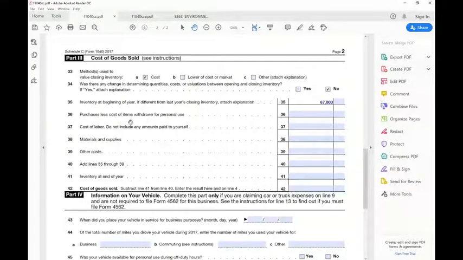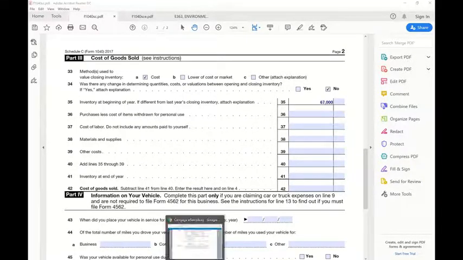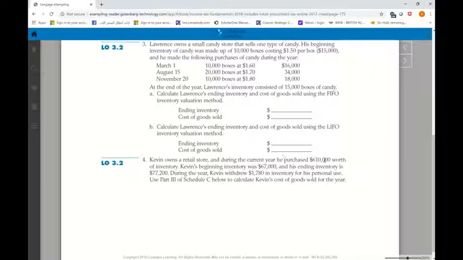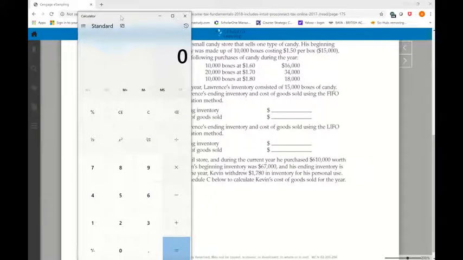So we have purchases less cost of items withdrawn for personal use. The purchase here is 610,000, and the item withdrawn for personal use is 1,780. So we're calculating the purchases excluding the items withdrawn for personal use.